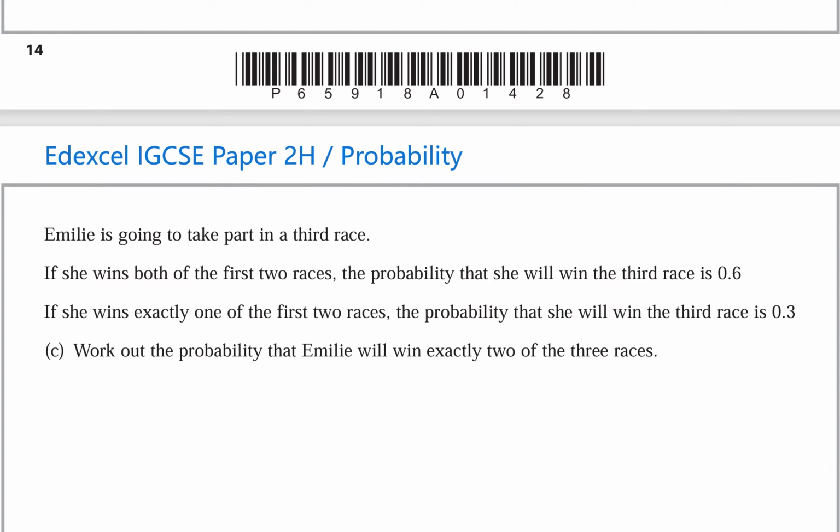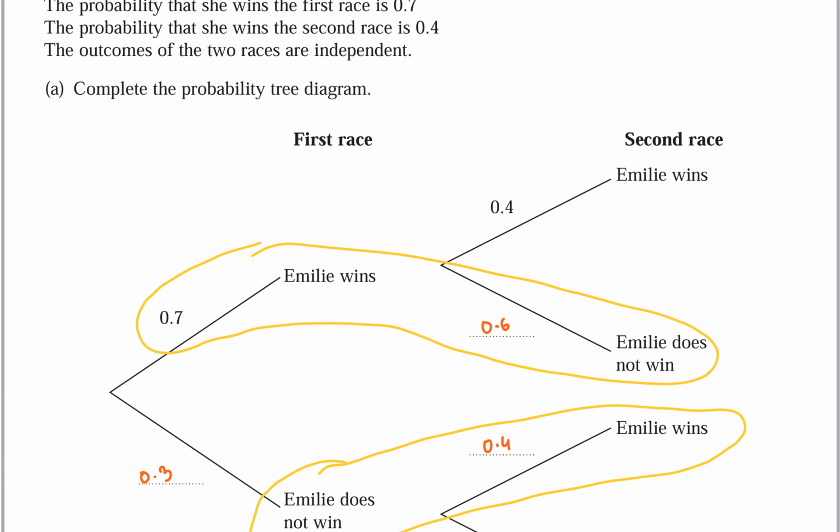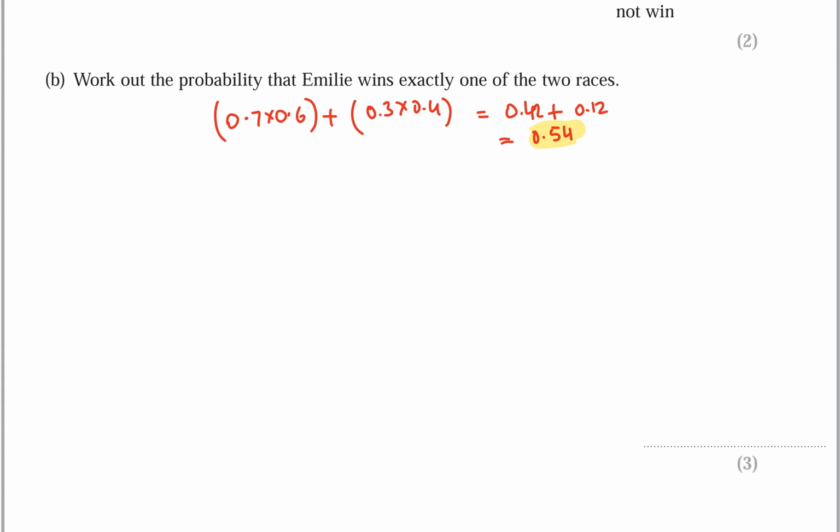And now we need to work out the probability that Emily will win exactly 2 of the 3 races. So it looks like we need to make another probability tree, with the third race column, a third race branching out from the second race.